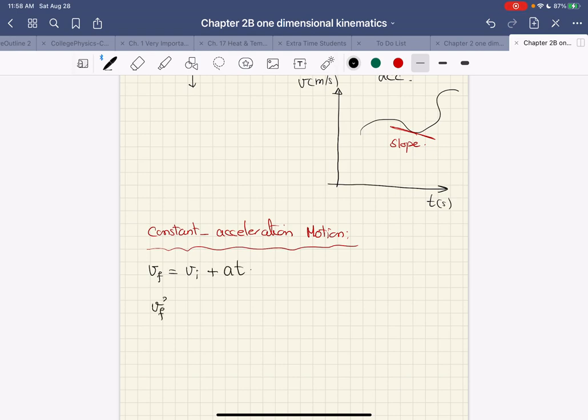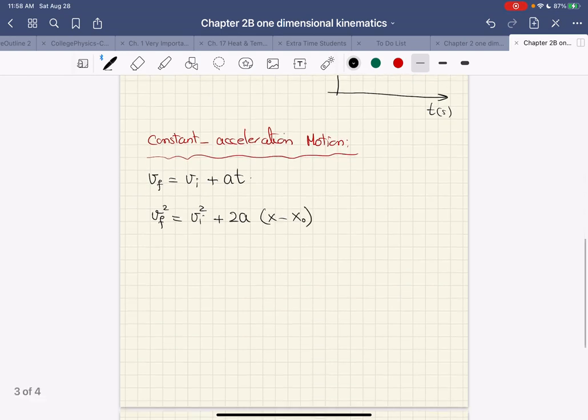V final squared equals VI squared plus 2A times x minus x0, or let's say x final minus x initial. We're going to use the same notation. And then x final is x initial plus 1/2 AT squared.